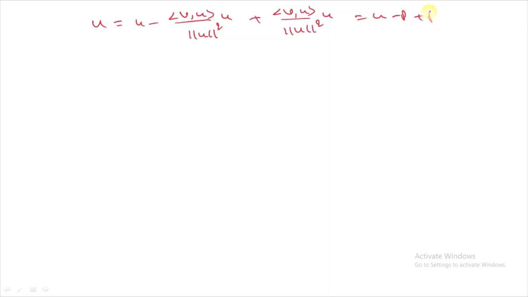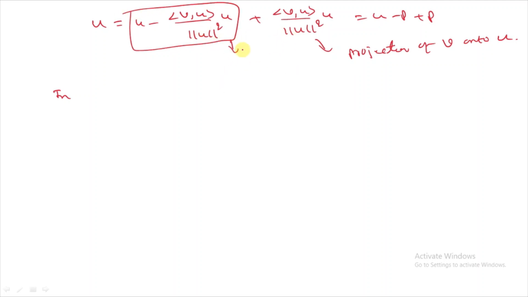Now we know, as we already discussed in projection, U equals U minus ⟨V, U⟩ over norm U squared times U, plus ⟨V, U⟩ over norm U squared times U. So this is U minus P plus P, where P is the projection of V onto U. This part is the perpendicular, the complement, orthogonal to the projection.